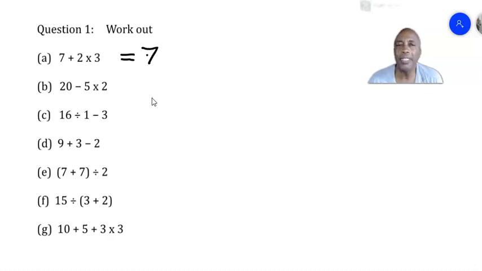So we are going to get 7 plus 6. And so the answer is 13. If you have done 7 plus 2 first and times 3, you get a wrong answer. You get 27, which is wrong. Multiplication is done before addition.